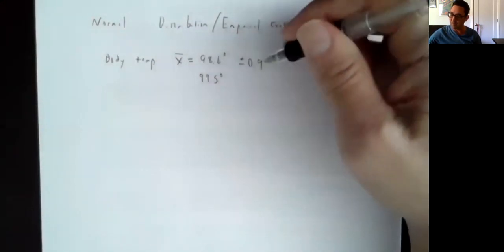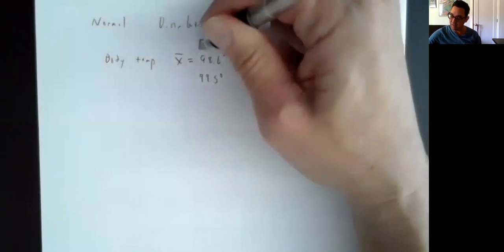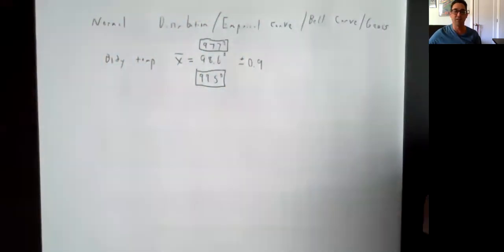So anything between those two. Or you can take 98.6 and subtract 0.9, you would get 97.7 degrees, and anything from between here and here is considered a normal temperature for human beings.